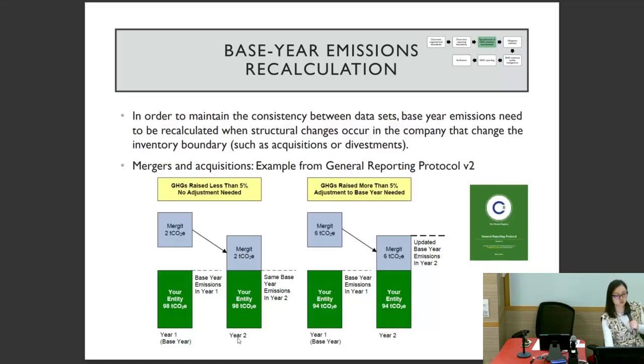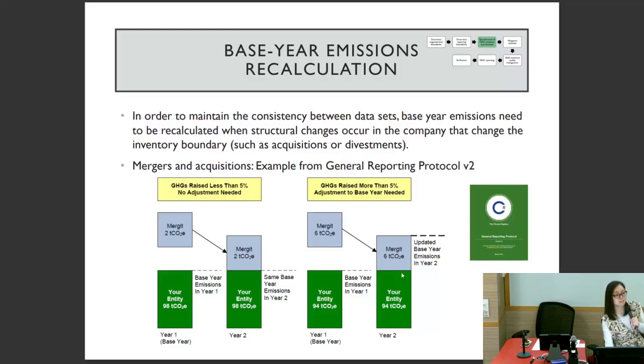And then in year 2, they buy company B. This company acquires this company, and it leads to 2 tons of carbon dioxide emissions being added to the base year. And 2 compared to 100, this change would be less than 5%, so not significant. Or in another example, 94% for company A, and for company B, maybe 6. And in year 2, this company acquires this company.